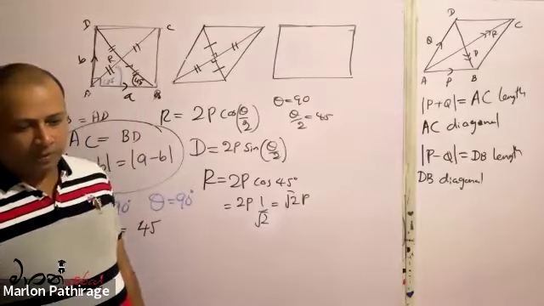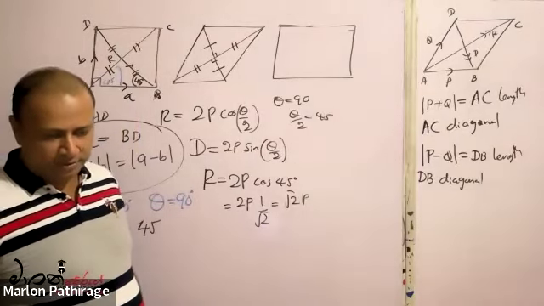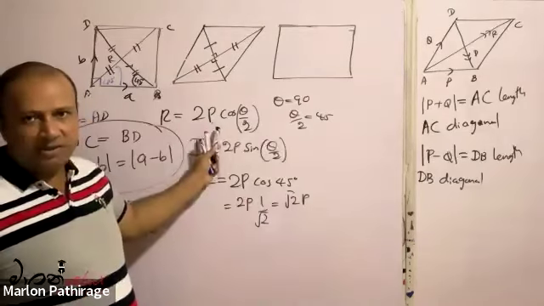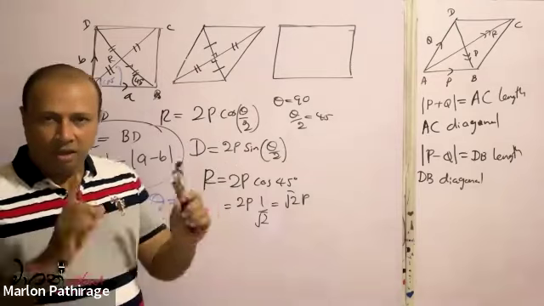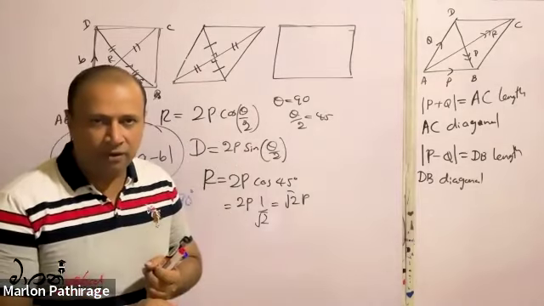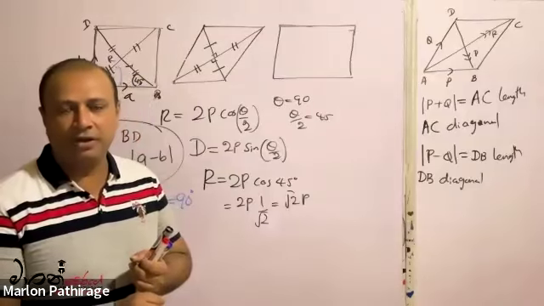I didn't get you. What is your question? Can we use that theorem, the rhombus theorem, for the square too? This is not a rhombus theorem. This is a theorem for when the two given vectors are equal in magnitude.